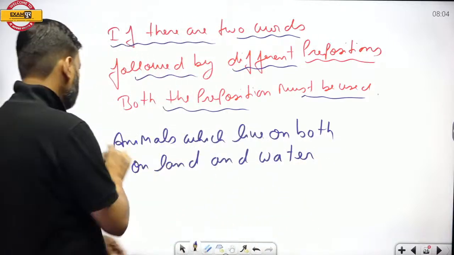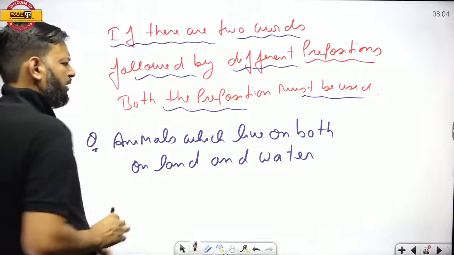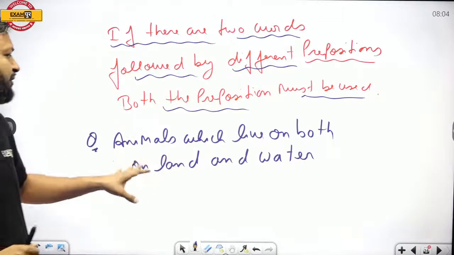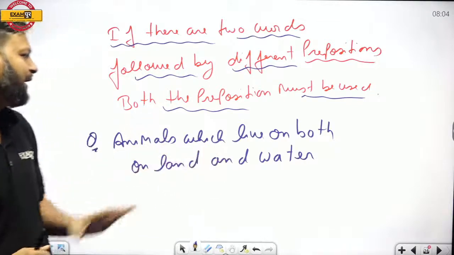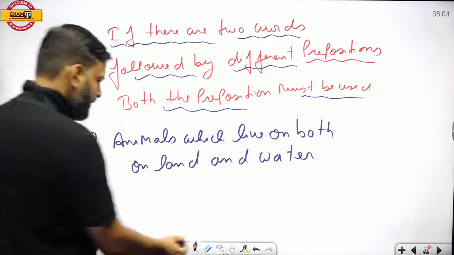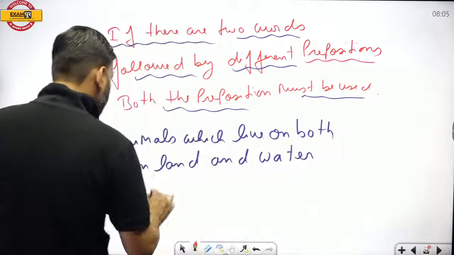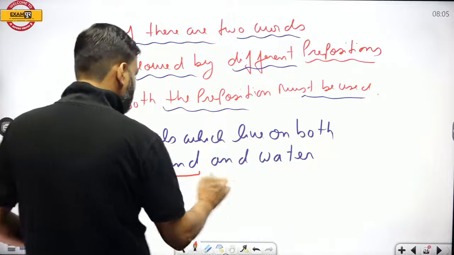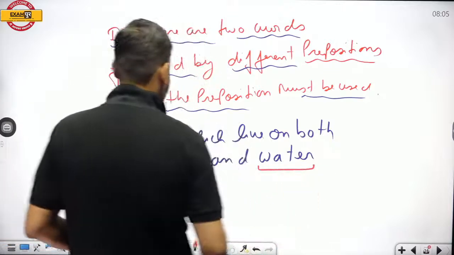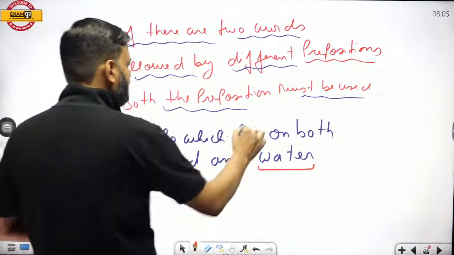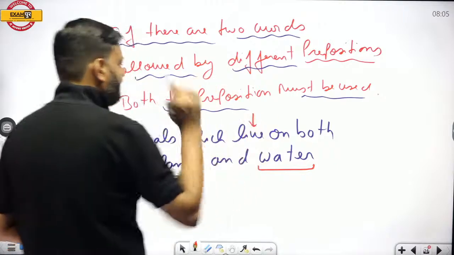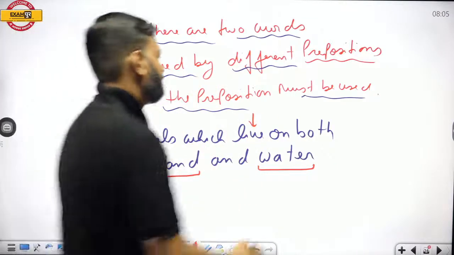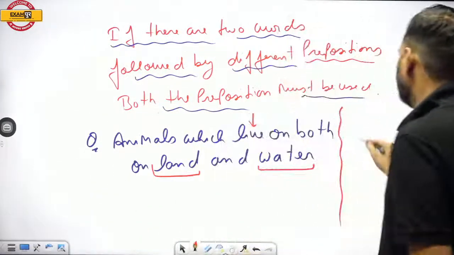Okay, for example, see, this is a sentence: animals which live on both on land and water, right? Now here we have two words, land and water. Okay, and both the words are used with live, right?